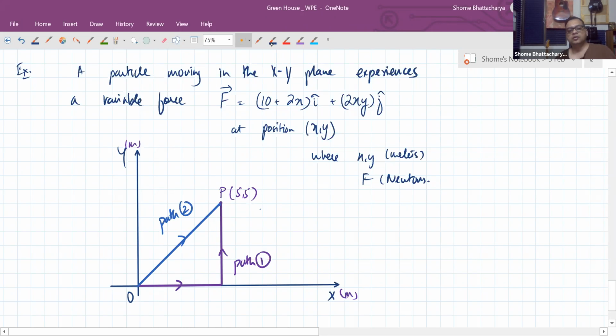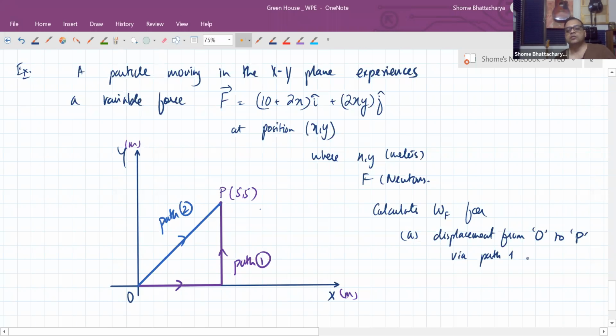Okay. So calculate the work done by this force for displacement from O to P via path 1.